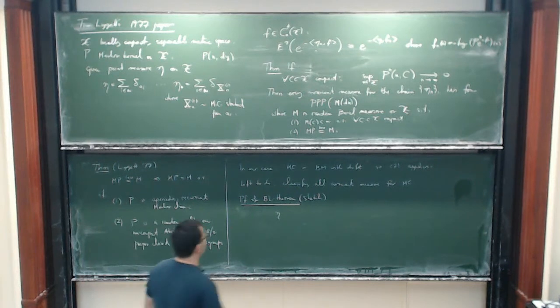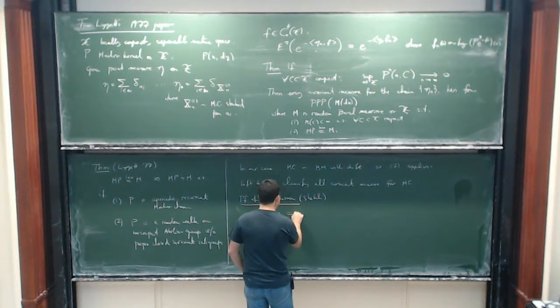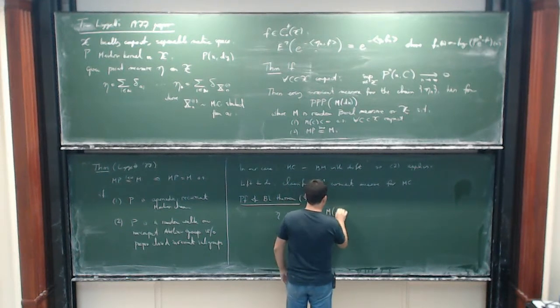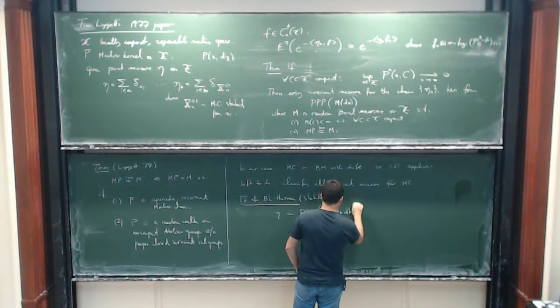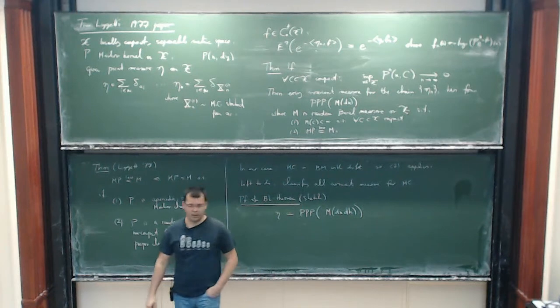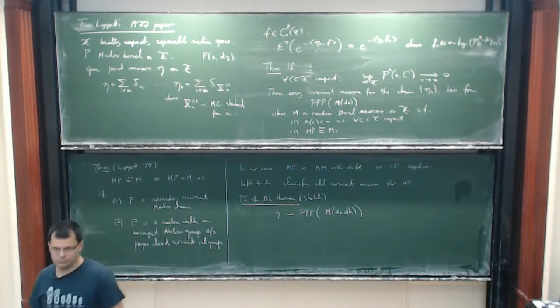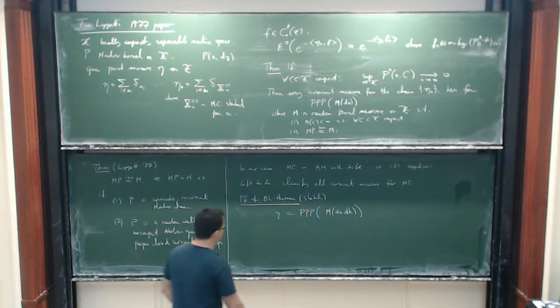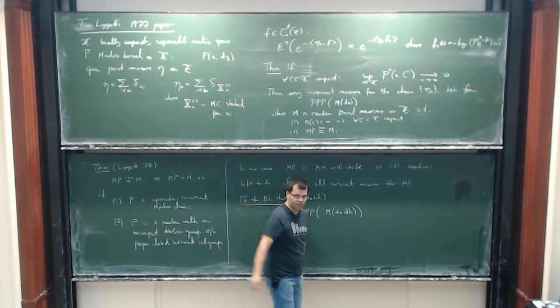And by the Liggett 1 theorem we know that eta has the form of a Poisson point process on the two coordinates, okay? That we have in general, because there was no specific condition that one had to deal with. Okay, so this measure has this form.